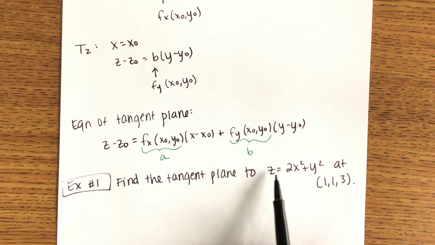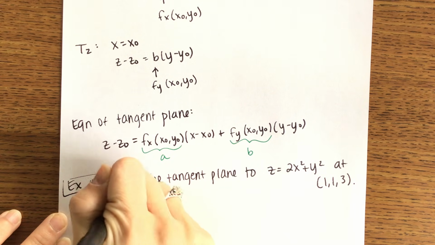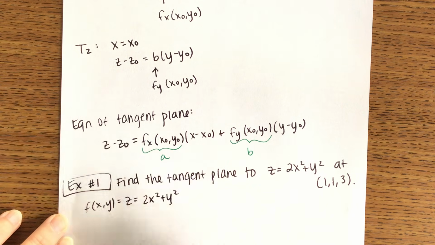Before we do anything, what is this surface if we were to graph it? Right, an elliptic paraboloid. So our f of x, y, that's just z. So that'll be 2x squared plus y squared.